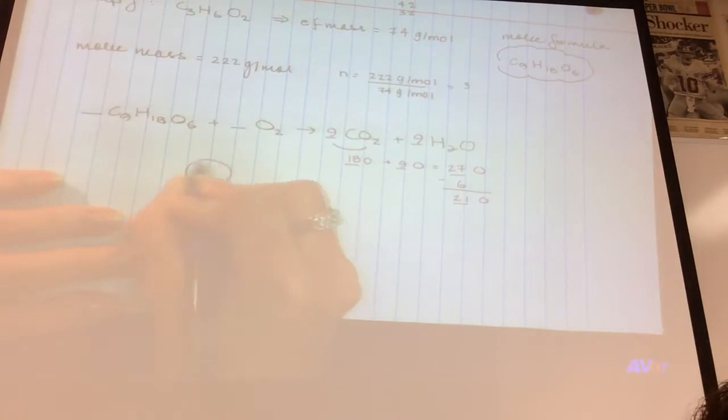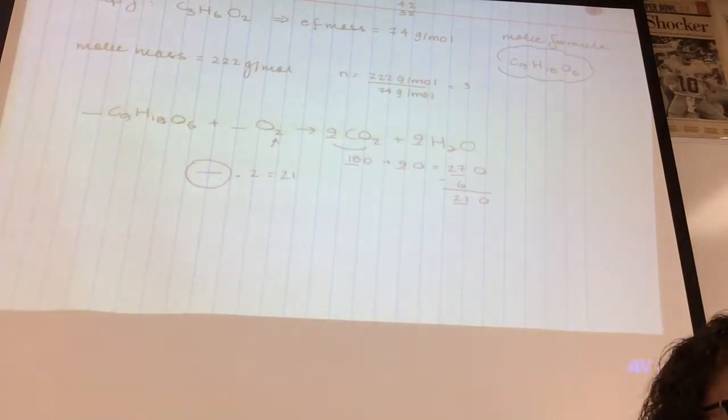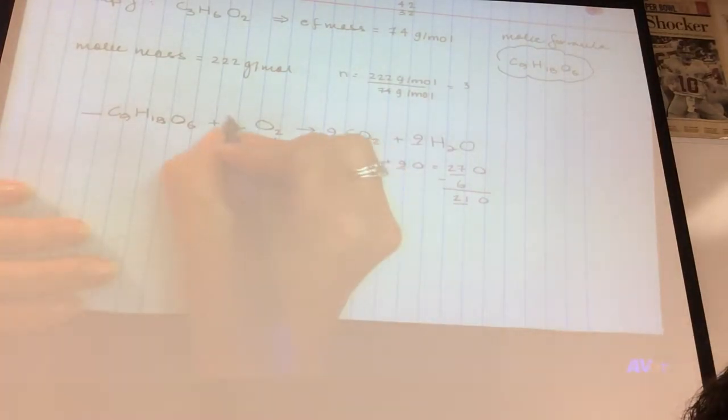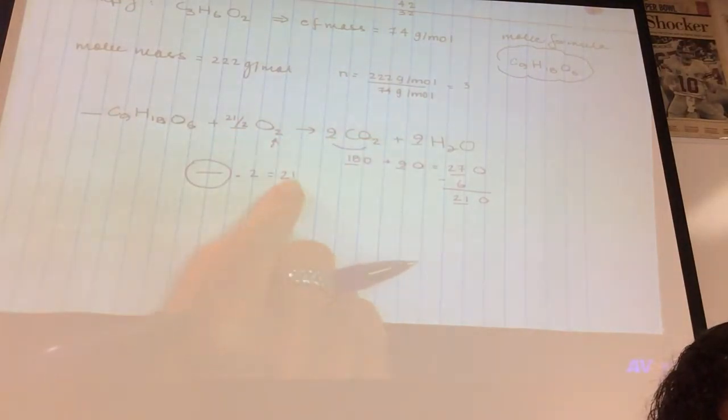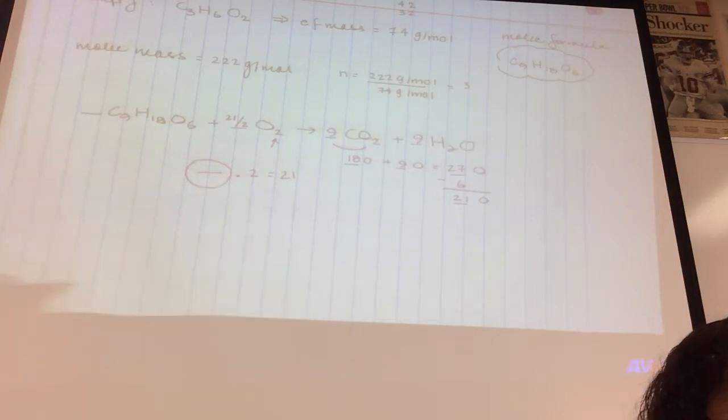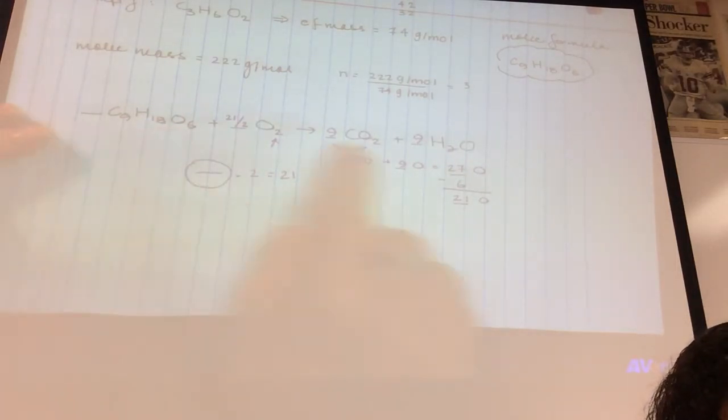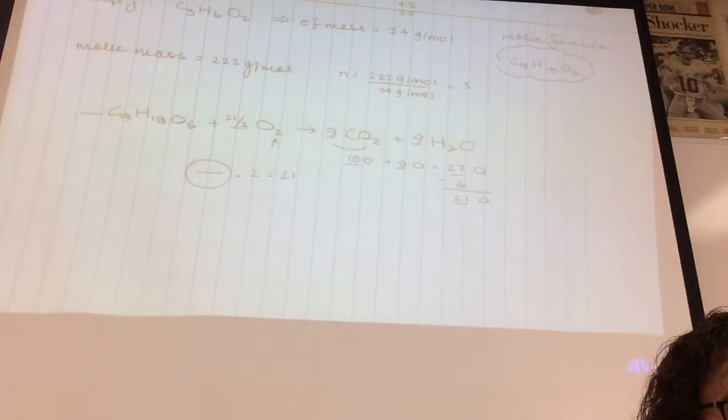What fraction times 2 is equal to 21? 10.5. Fraction. That's not. 21 over 2. The big number over the 2. But when you balance your equations, you need the simplest whole number ratio.